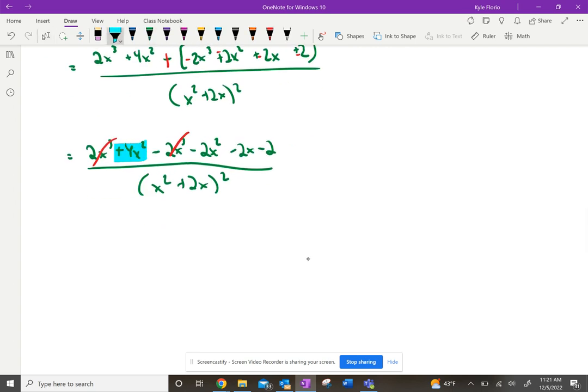And then we have a 4x squared minus 2x squared. That's going to simplify nicely to 2x squared. We still have the minus 2x minus 2, all over x squared plus 2x, squared. Again, don't multiply at the bottom. Just leave it alone. It's fine as is. And so that's it. That's the derivative of the function.